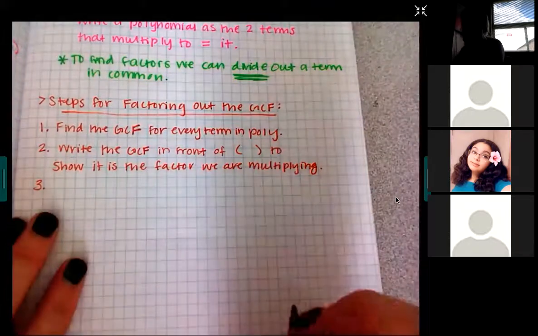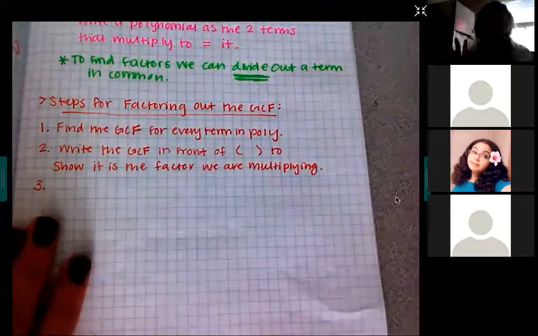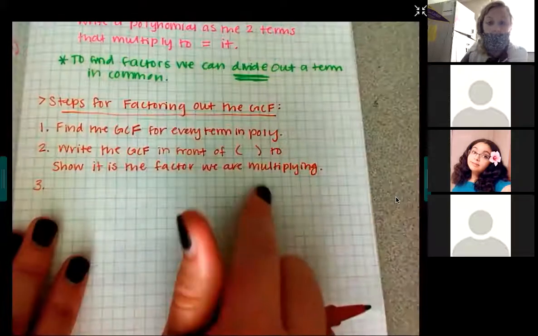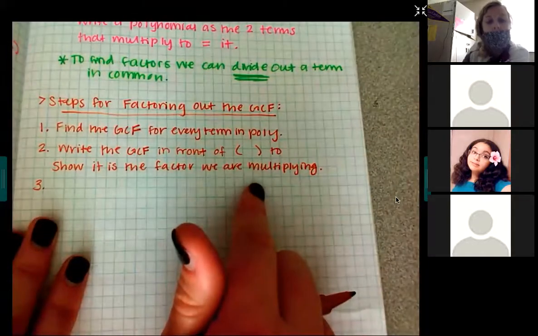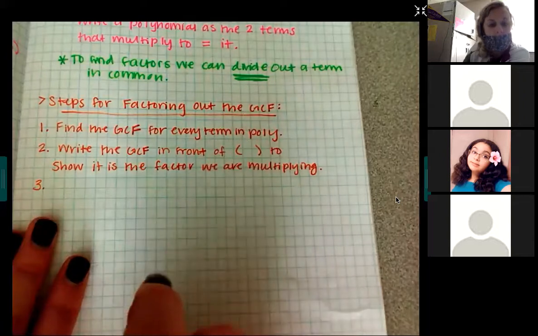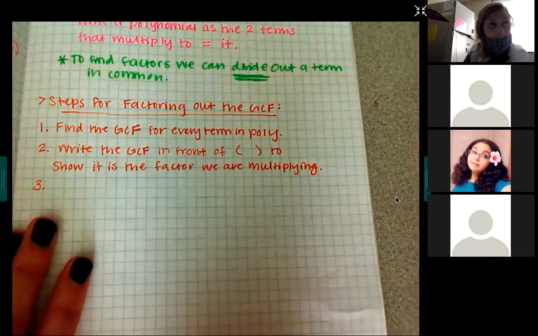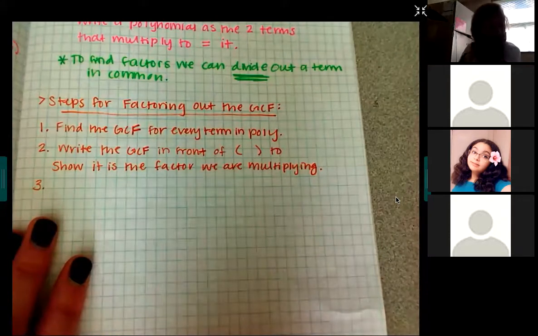All right. And then for 3. So let me ask y'all a question. Once we find the GCF and we know that's the one number we can multiply, how did y'all say earlier that we find the second? Divide. So if you know 4 goes into 8, but you want to know how many times, wouldn't you do 8 divided by 4?